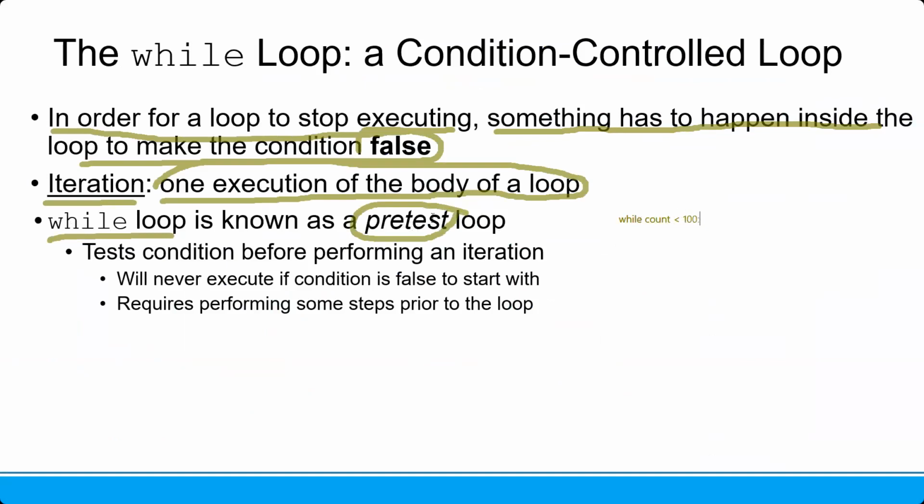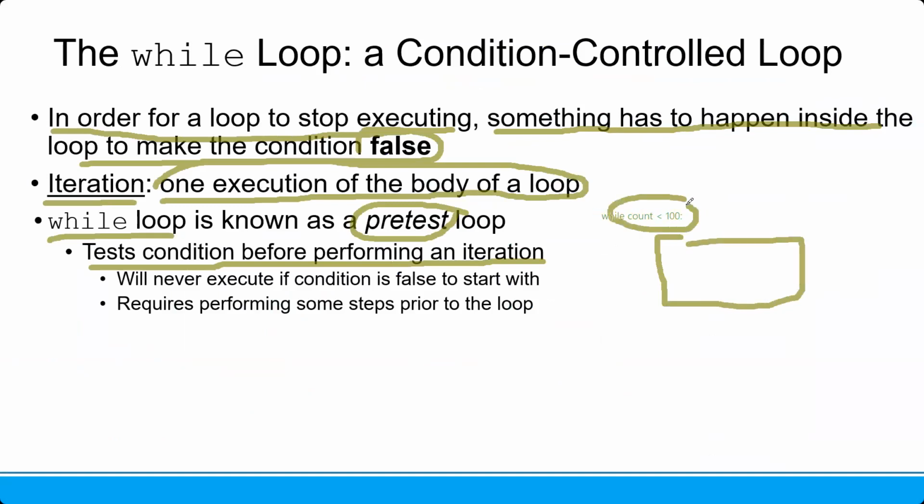We call this pretest. With this pretest, we want to test the condition before performing an iteration. Before we start the statement, we check whether this is true or not. So it will never execute if the condition is false to start with. If the condition is false the first time, then we will not do this statement.